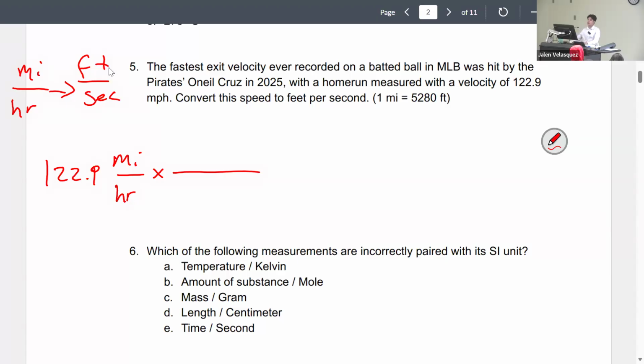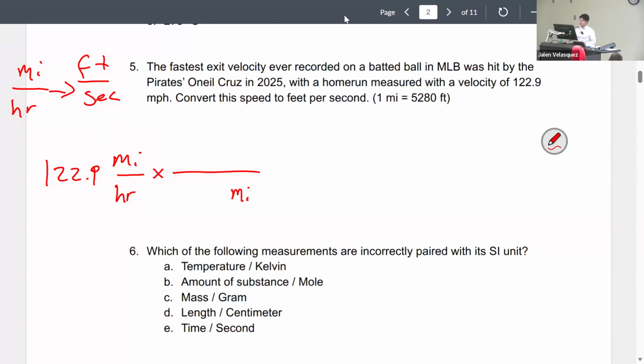So again, we're going from miles to feet and hours to seconds, right? So I think it's best practice to start converting with whatever unit is on the numerator here. So I want to convert from miles into feet. So for this unit of miles to cancel away, where does it have to go on this next fraction? On the denominator, right?